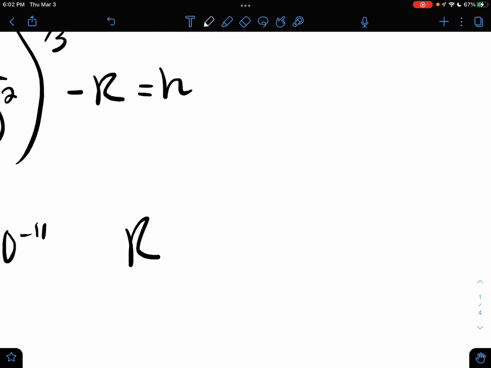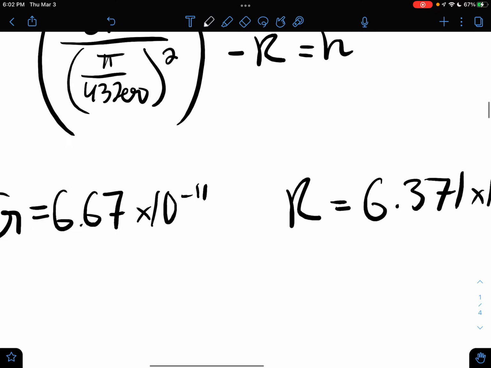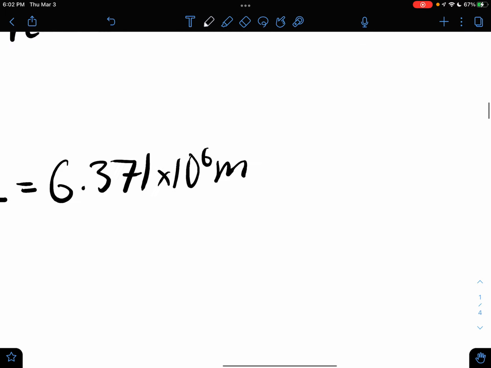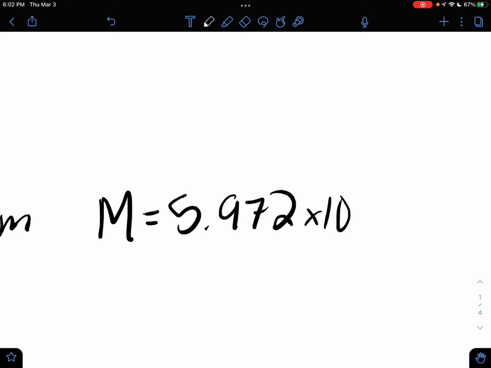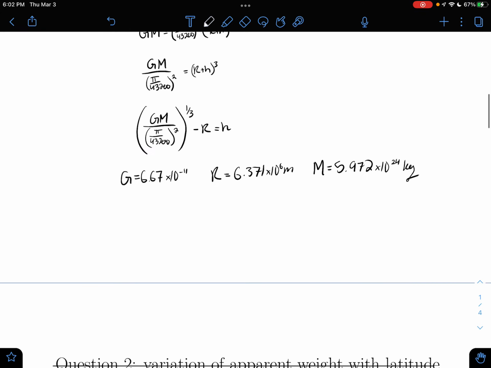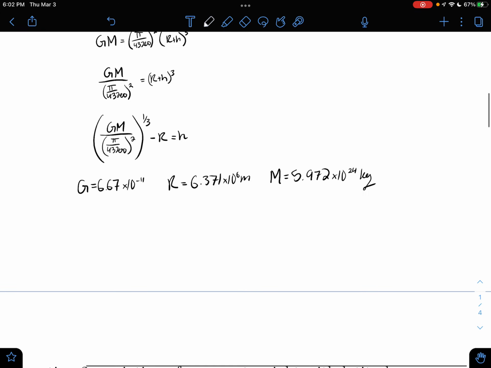So our radius of the Earth is roughly 6.371 times 10 to the 6th meters, and our mass of the Earth is roughly 5.972 times 10 to the 24th kilograms. Cool.